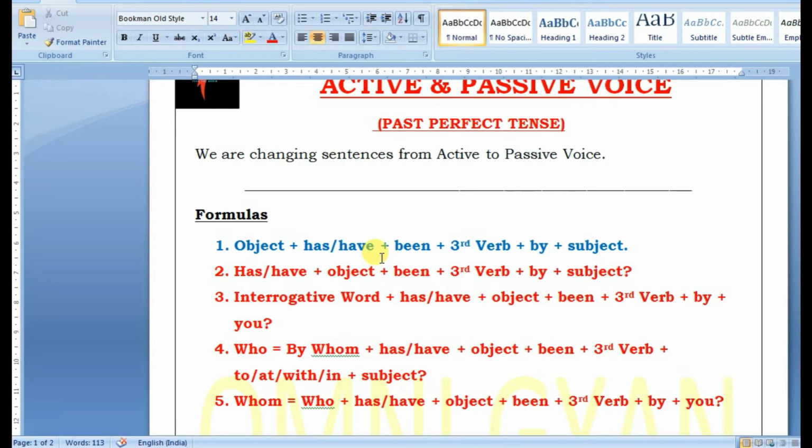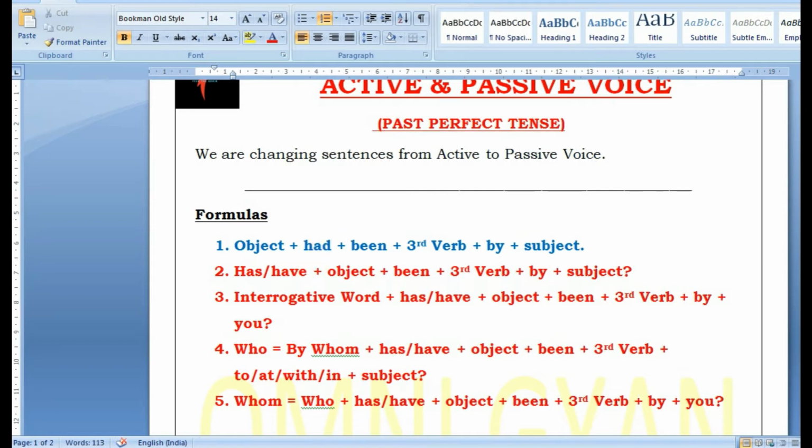There's only one particular thing which has been changed here and which needs to be changed here, which is has and have. Has and have is applicable in present perfect tense, not in past perfect tense. In past perfect tense, has and have everywhere, has and have in formula 3, everywhere, gets replaced by the word had.